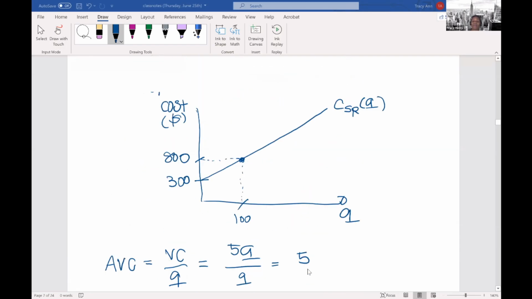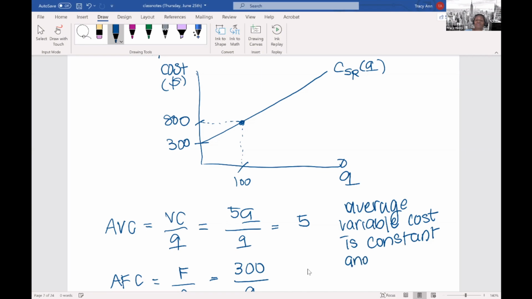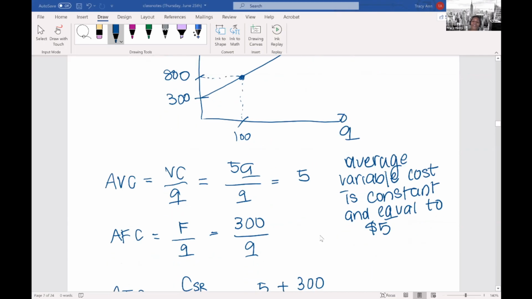So I would say here that my average variable cost is constant and equal to $5. I know it seems kind of odd. I think I see your question. It seems as if, oh wait, I thought you said it's variable cost.